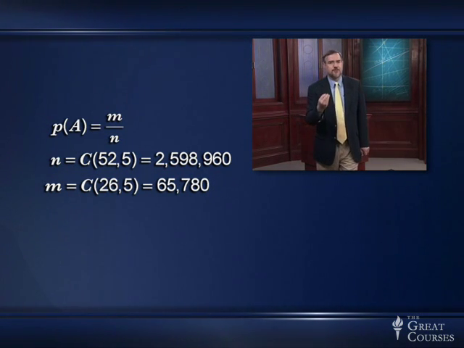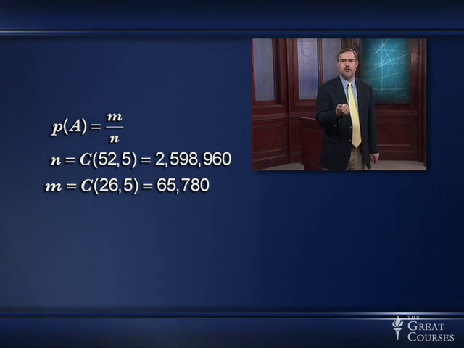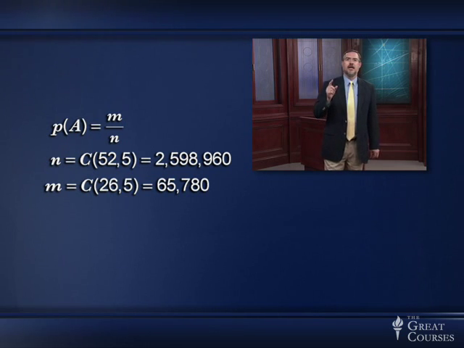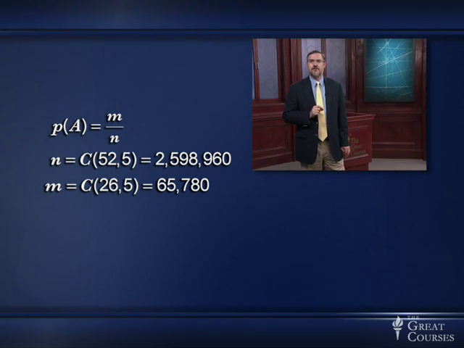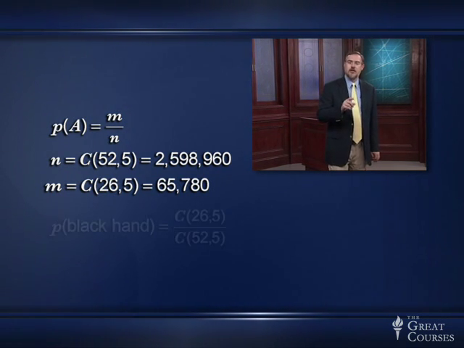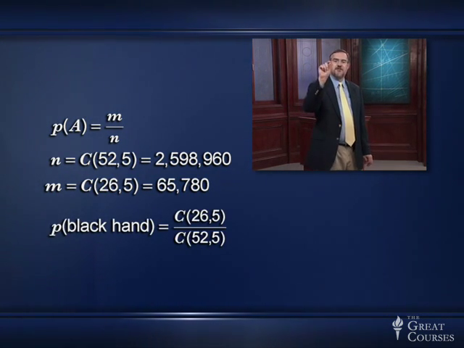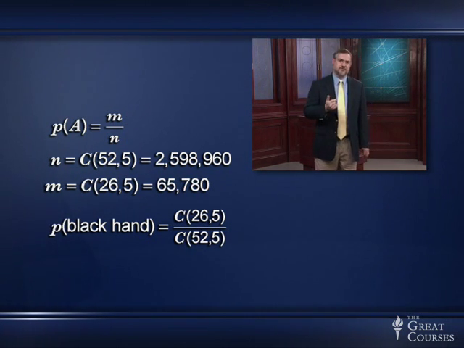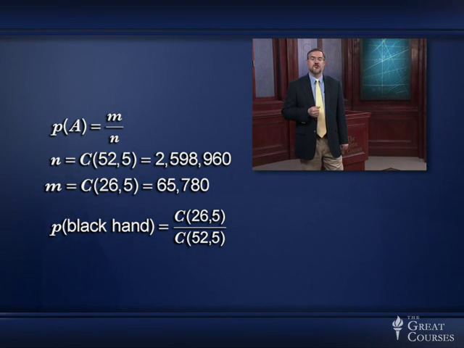Again, it's C for combinations and not P for permutations, because I don't care about the order in which I received the 5 cards. So it's C of 26, 5 as my numerator of this probability. And therefore, my probability is C of 26, 5 divided by C of 52, 5. So that's the probability.